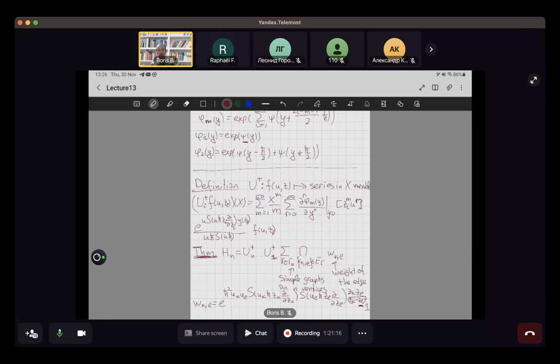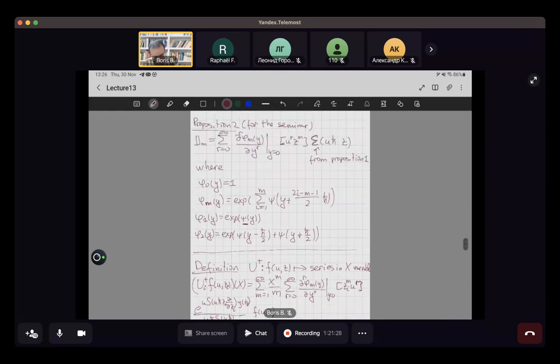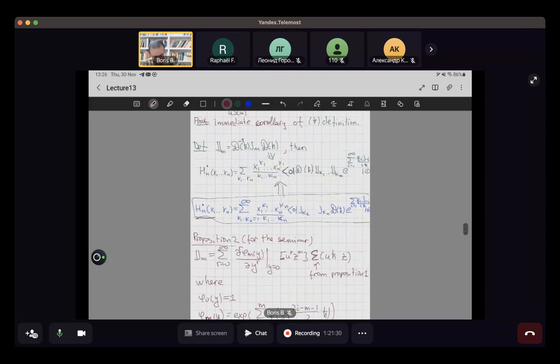So we have intuition for the series Z. We have intuition for the series H. This important expression, we do not have any intuition behind it.